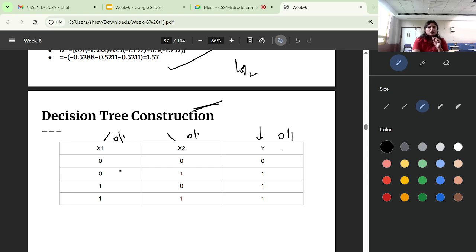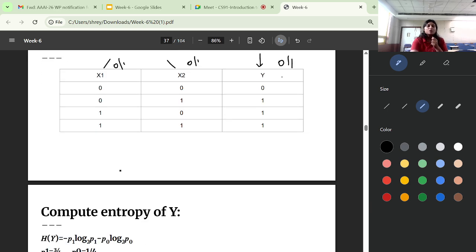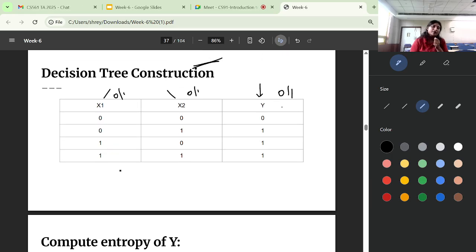Yes, you can say that, but I don't think of it that way. I have just taken some dummy data. So first, when you are using entropy, calculate the entropy of this y attribute. Just let me know what is the entropy of y.